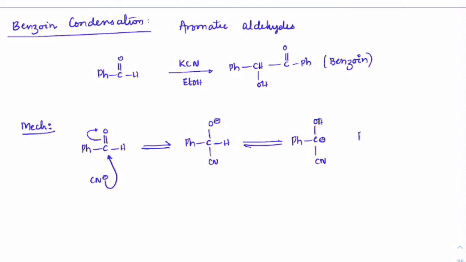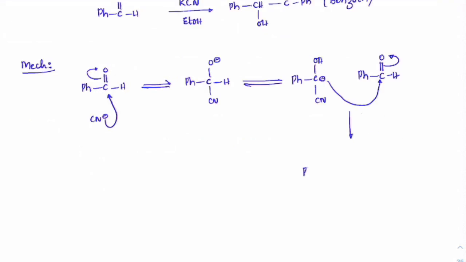Now if you treat this with the second molecule, which is Ph, C double bond O, H, we'll get this as Ph, C, OH, CN with C, O minus, Ph and H. This is what is formed. Again, this O minus will extract this H because this is more acidic, so it can give away H plus.